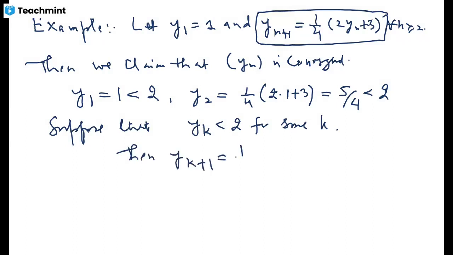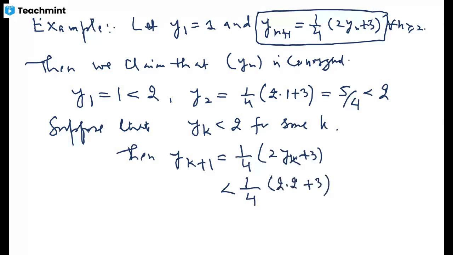By definition, it is 1 by 4 times (2 yk plus 3), and since by the induction hypothesis yk is smaller than 2, this is less than 1 by 4 times (2 times 2 plus 3), which is equal to 7 by 4, and clearly this is also less than 2.